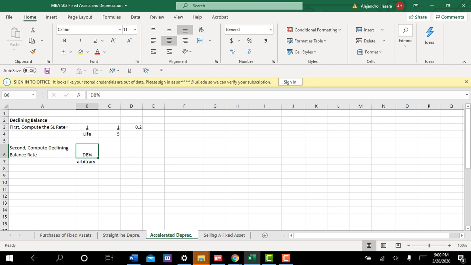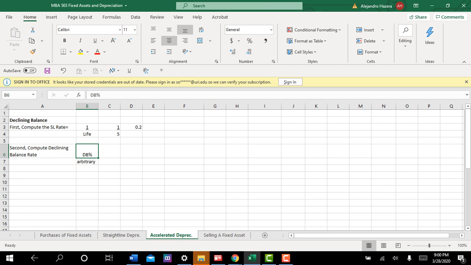But this rate determines how fast you will depreciate your asset. If you think you should depreciate your assets really fast, give this a high rate. If you think that they will depreciate at an accelerated pace, more than straight line, but not much more, then you might use a low rate. If you use 1 here, you'll get your straight line rate, so it's got to be greater than 1.